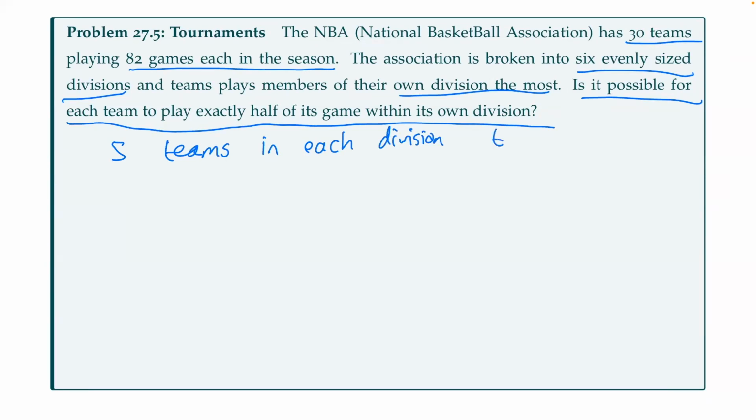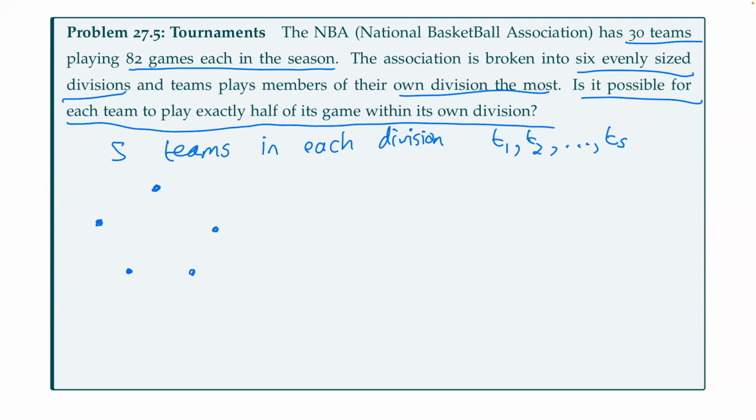Think of these as team 1, team 2, team 3, team 4, team 5. We're just going to consider this one division, and we can think about just that graph by itself. Ignore the other games outside of this division. We want to know, is it possible for each team to play exactly half of its games within its own division? So what does that look like as a graph?